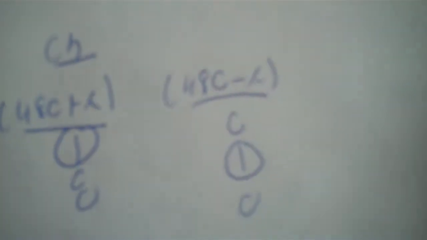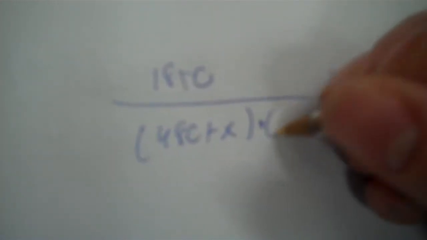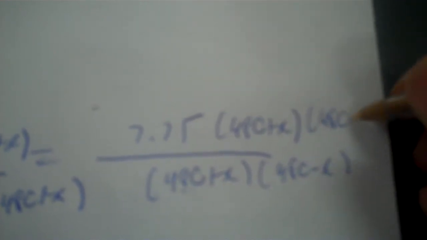Okay, and then 480 minus x, 0, 1, 0. So I got the 1 in the middle. I need to adjust by that. Okay, so with the equals, now the denominators can be crossed out.